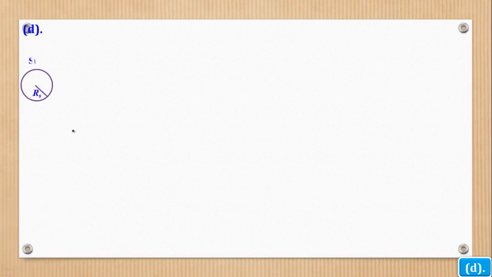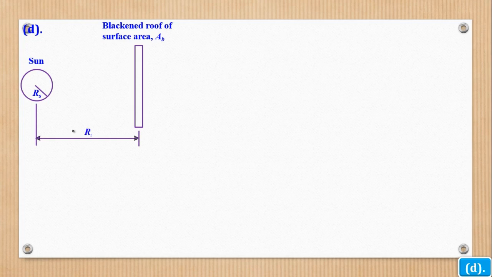So here I need to make a sketch for easy answering of the question. This is the sun and this is the blackened roof, and this is the distance between the sun and the blackened roof, which would be taken as the distance between the sun and the earth.